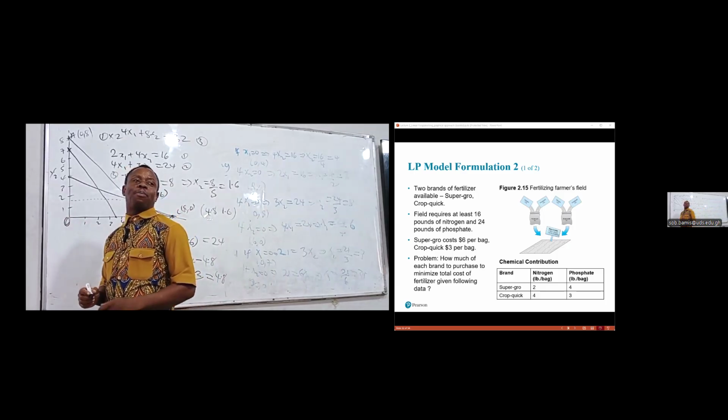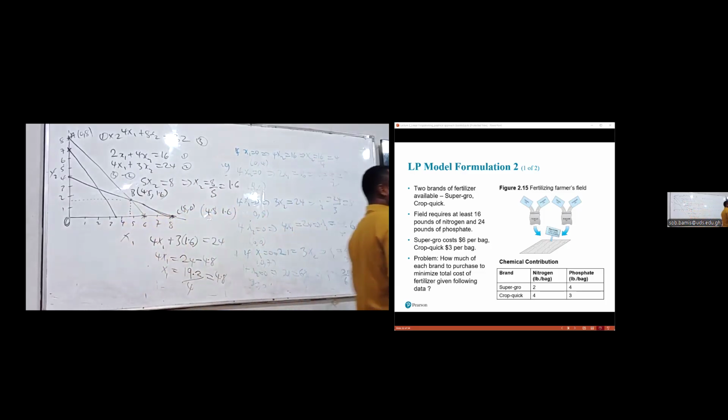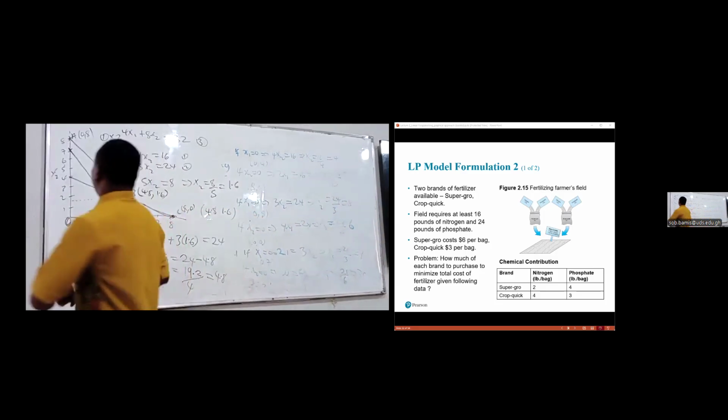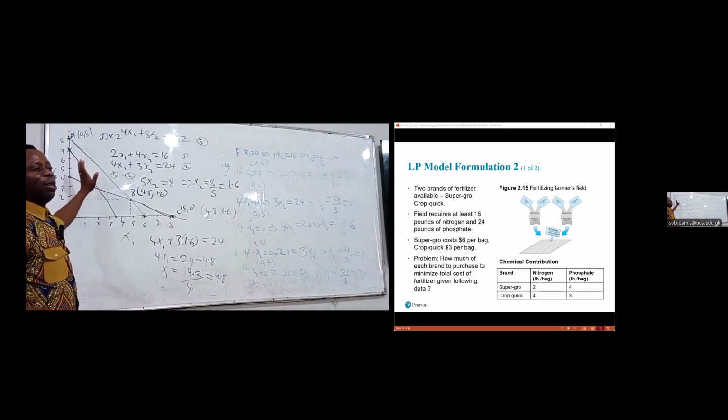We would have been happy if the cost is 0, but we cannot get it. So we look for the one that will be the least. So will it be A, B, or C? It will be A.